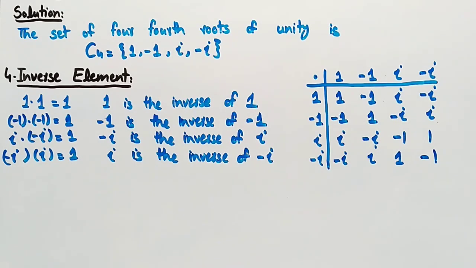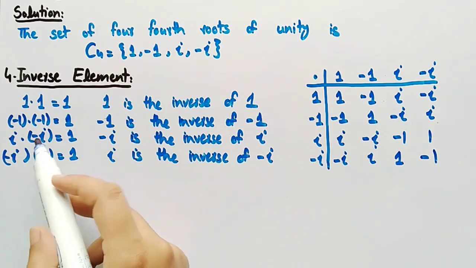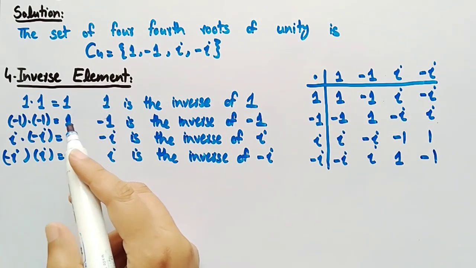Since inverse of each element exists, we can say that the fourth axiom of group is also satisfied.